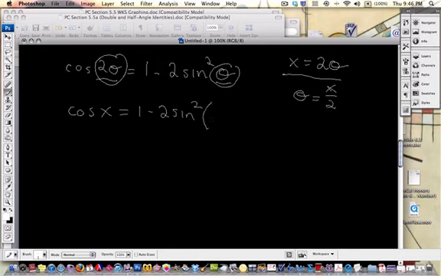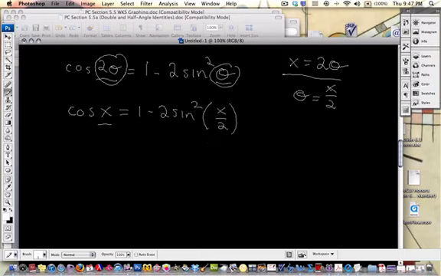So this is actually sine squared x over 2. What that does is take this double angle formula and write it in terms of a single angle and then a half angle. And now I want to just solve for sine of this half angle.